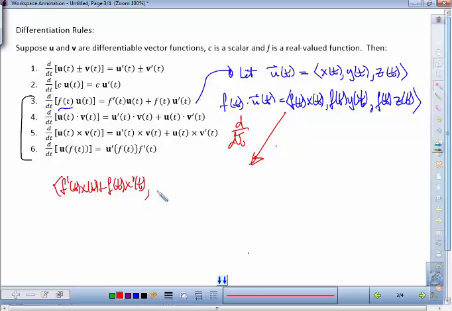So that's the product rule for the first component, and then I'll have the product rule for the other components as well. Derivative of the first times the second plus the first times the derivative of the second. And then the last one, the same business. And we're going to do the derivatives.